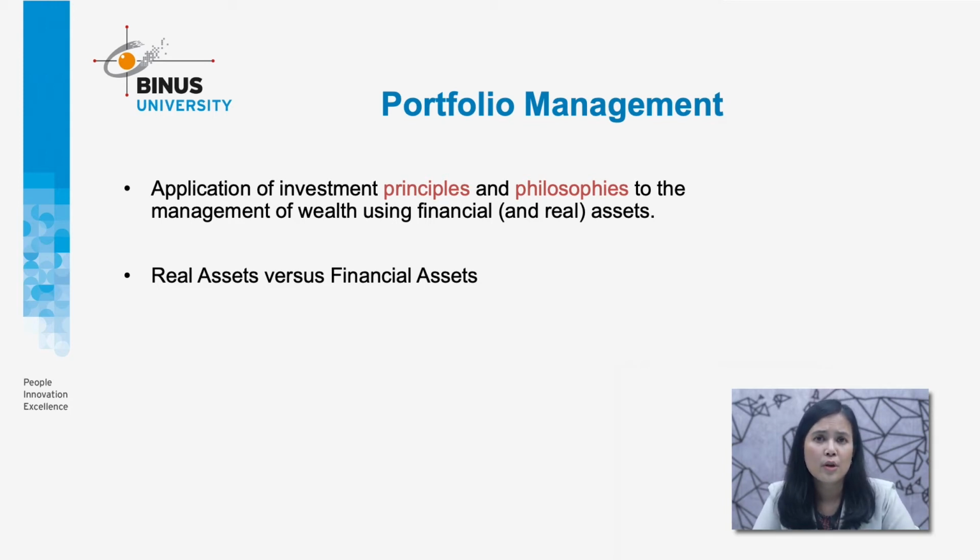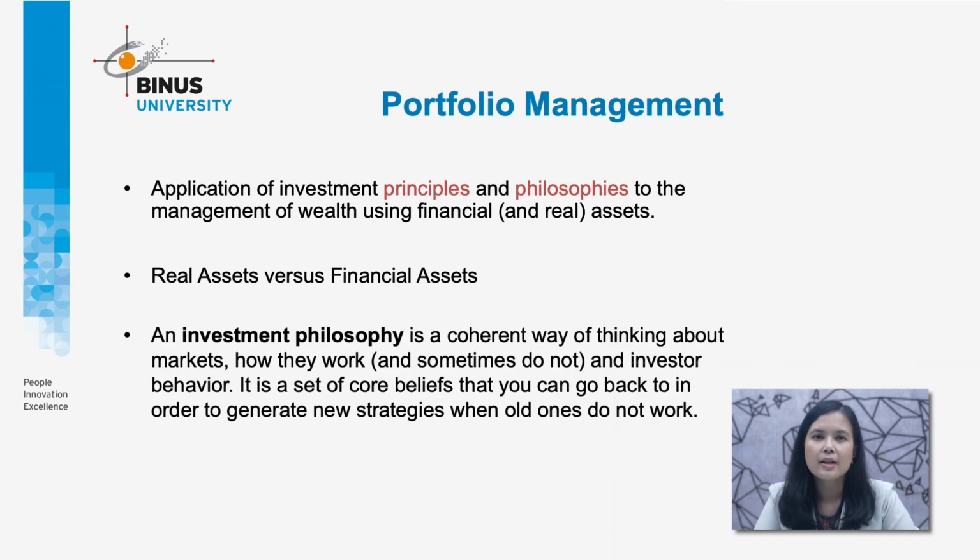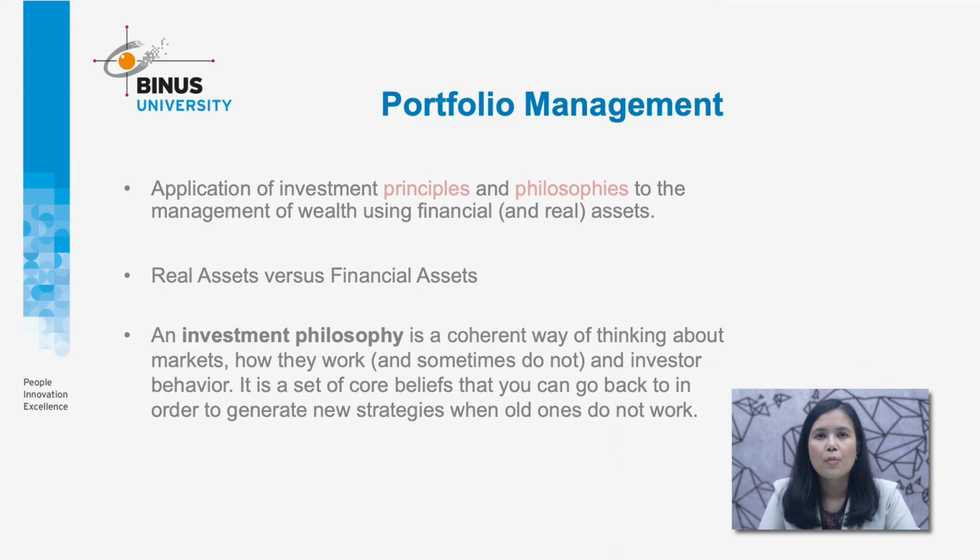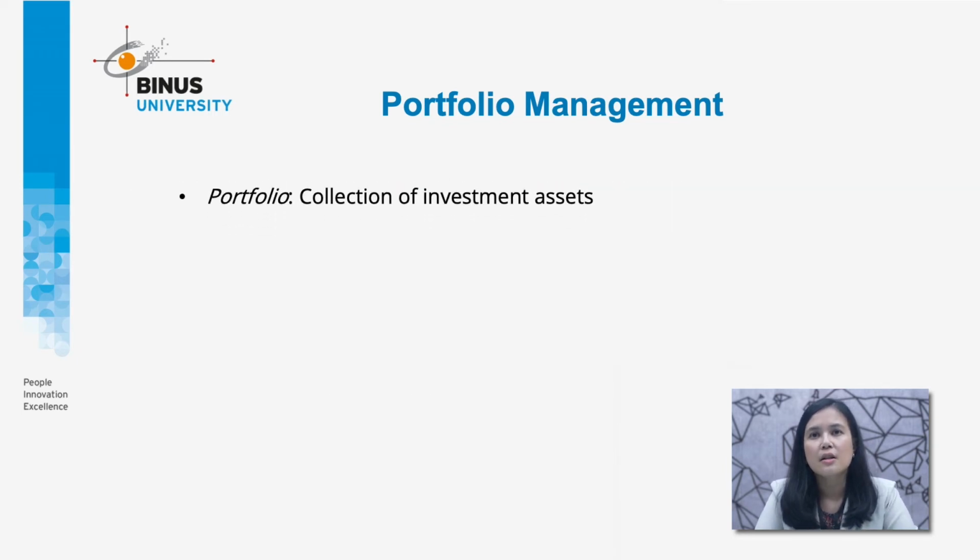In applied portfolio management, we should have a core belief that we call an investment philosophy. It is a coherent way of thinking about markets, how they work, as well as investor behavior. A portfolio is a collection of financial investments like stocks, bonds, commodities, cash and cash equivalents, including closed-end funds and exchange-traded funds.